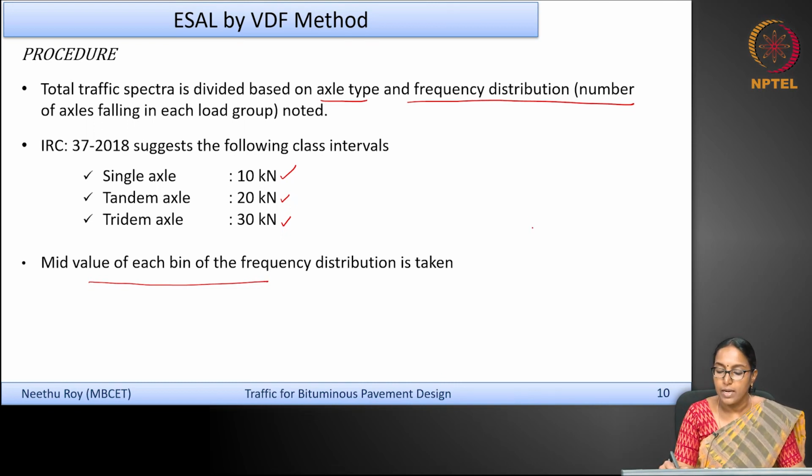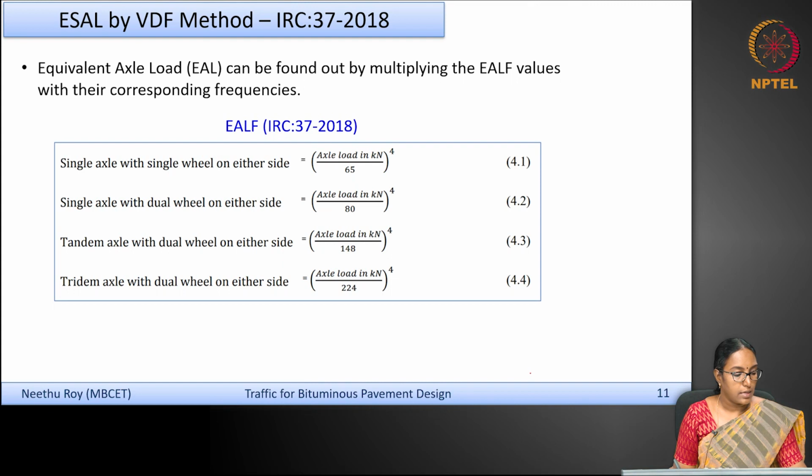Say for example, in the case of the 10 to 20 kilonewton axle load bin, 15 kilonewton will be taken as the average load in that category. The equivalent axle loads will be found out by multiplying the frequency falling in each of these bins with their corresponding EALF values.